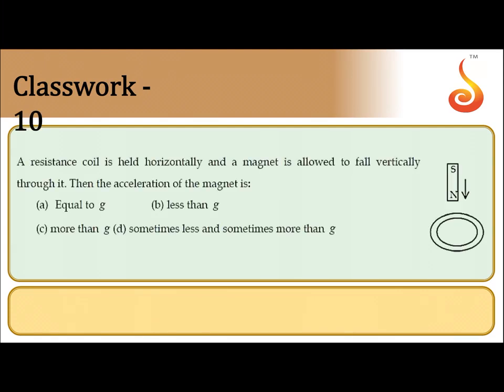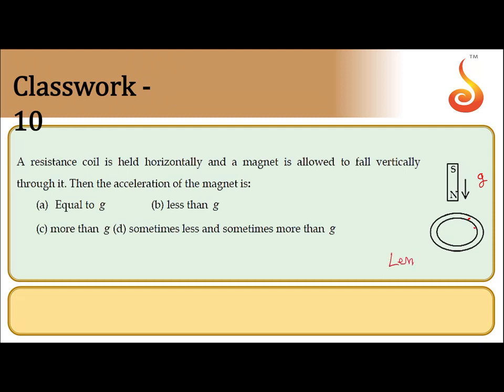Okay, we shall move on to the next one. The resistance coil is held horizontally and a magnet is allowed to fall vertically through it. Then the acceleration of the magnet is. See, if this coil is not there, then it would have fallen with acceleration equal to g. But when it is moving with respect to this ring, there will be EMF induced in it.